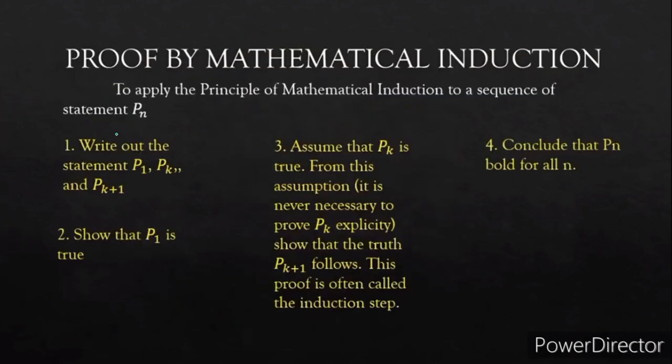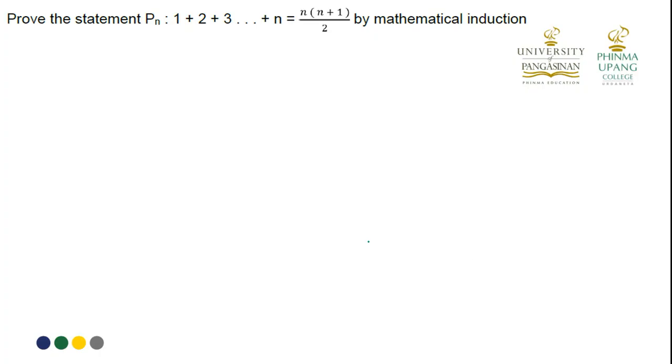Okay? So in normal writing, write out the statements P1, Pk, and P sub k plus 1. Medyo magulo yan kapag babasahin natin. Mas maganda kapag isusulat na natin. Okay. Our first example here is prove the statement P sub n: 1 plus 2 plus 3 dot dot dot plus n is equal to n, the quantity of n plus 1, all over 2.